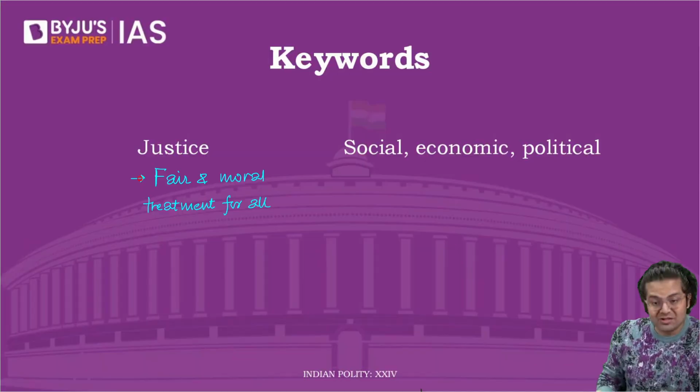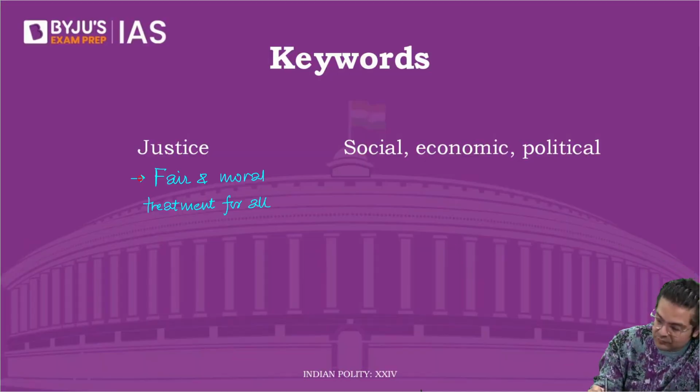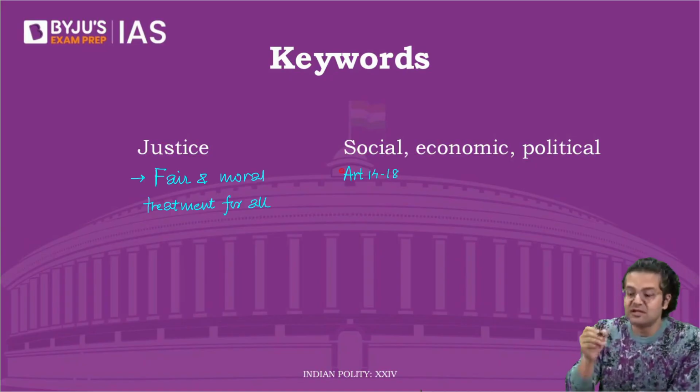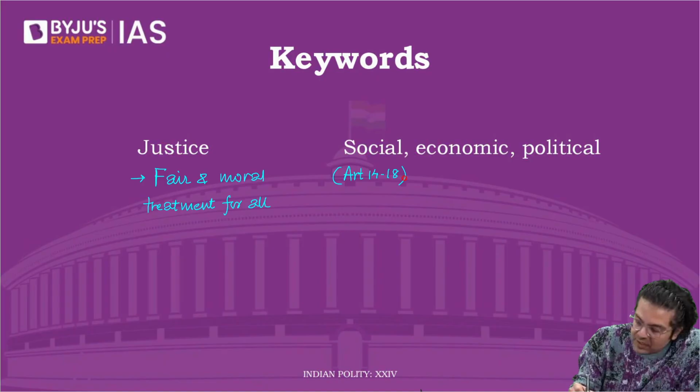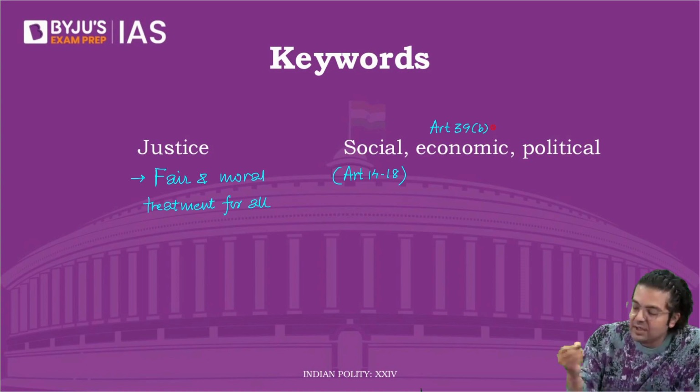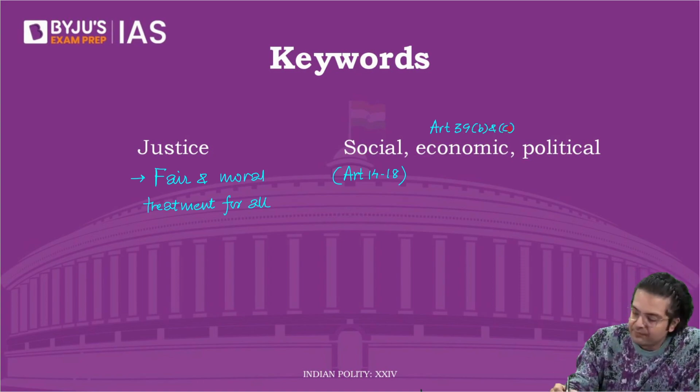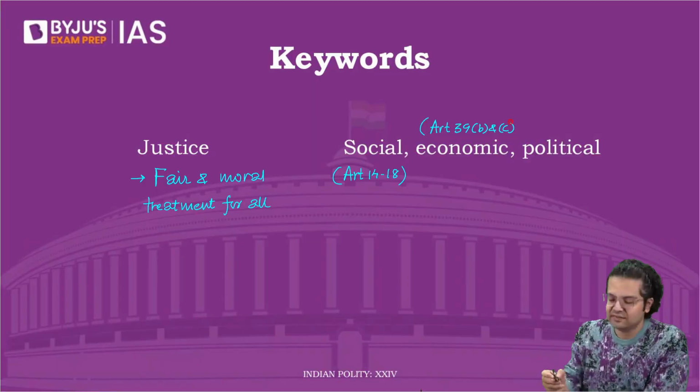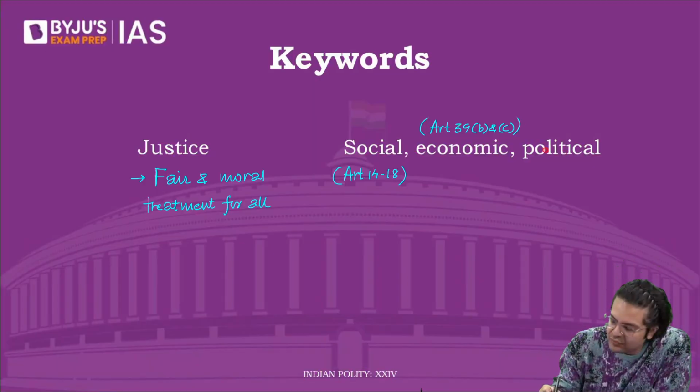So we have social justice, non-discrimination, Articles 14 to 18. We have economic justice, Article 39B and C, DPSPs in general. And we have political justice, the idea of UAF.